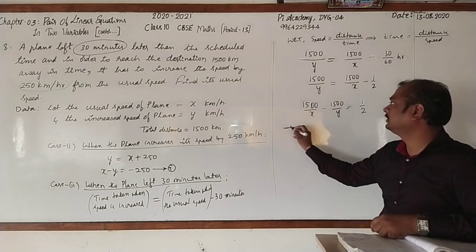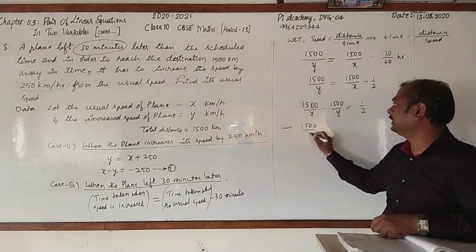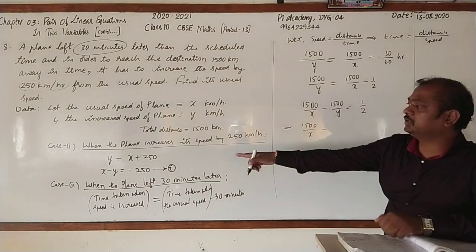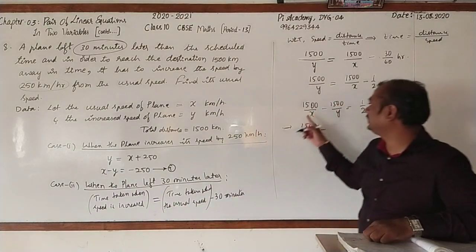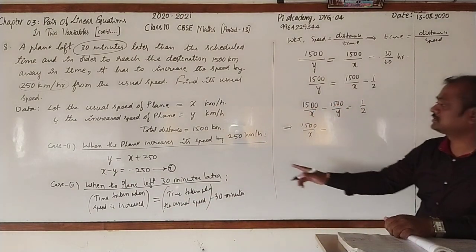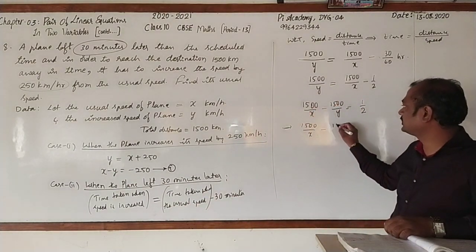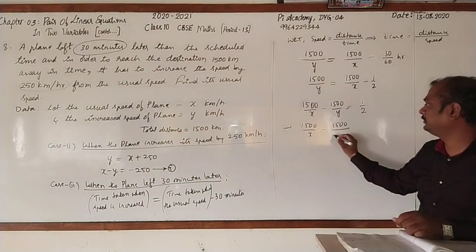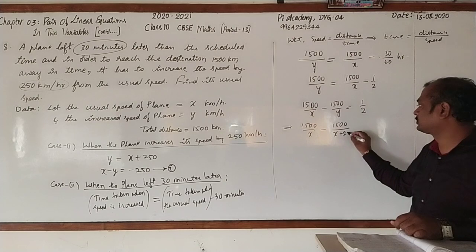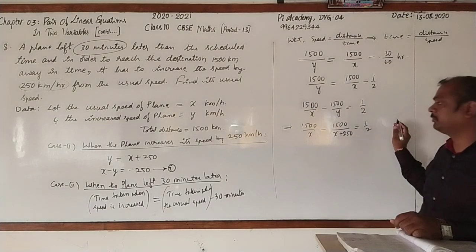Here I'll write 1500 by x minus, here in one equation the terms are not in fraction, but here it is in fraction. Hence I go for taking substitution for y, because we know that y is x plus 250. It is equal to 1 by 2.